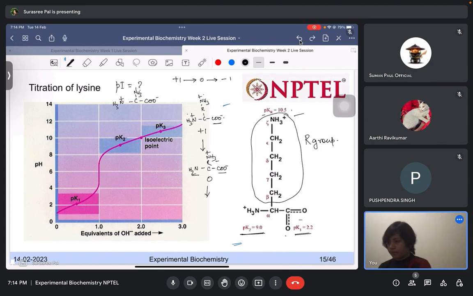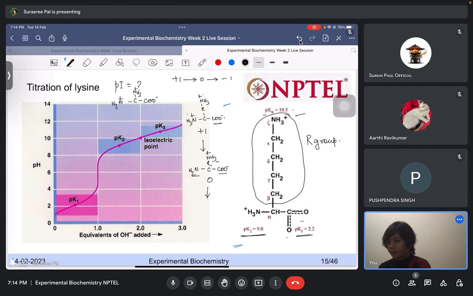Right, so at a very low pH, this is the most protonated form of lysine.